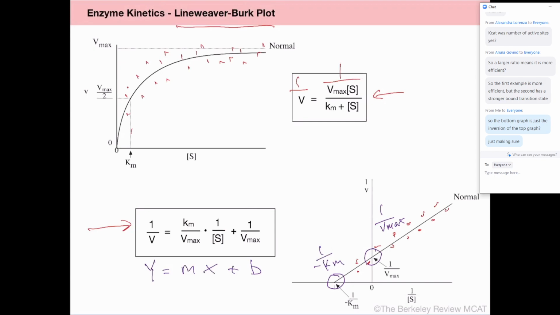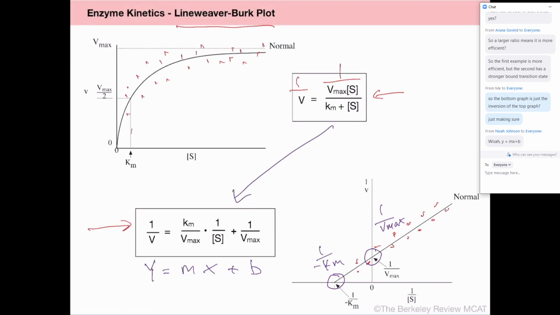Yep. The bottom graph is the reciprocal of the top graph, right? You take this equation and you just put 1 over it and you get this equation. Yeah, and it converts it into y equals mx plus b, right? And if you remember back to your, I don't know, middle school or whatever it is, right? You get the x-intercept and the y-intercept. And that'll actually give you your Km value and your Vmax value.